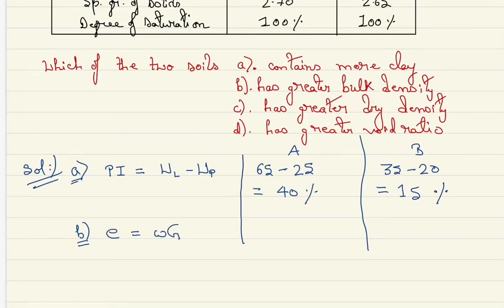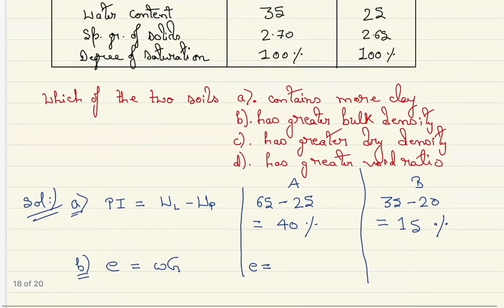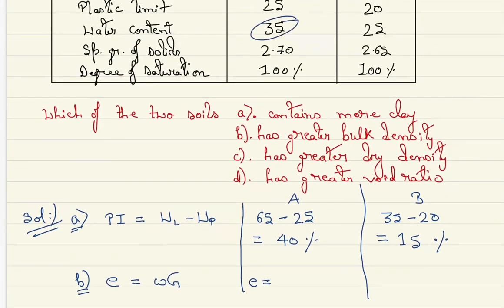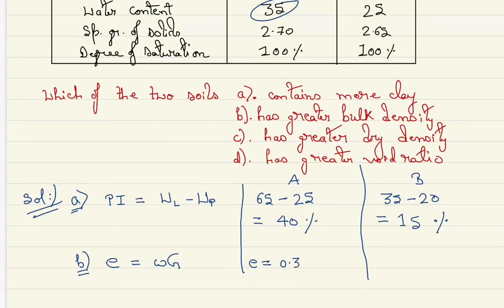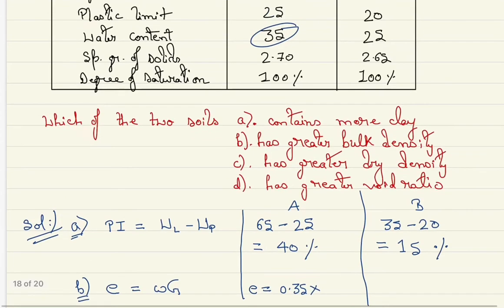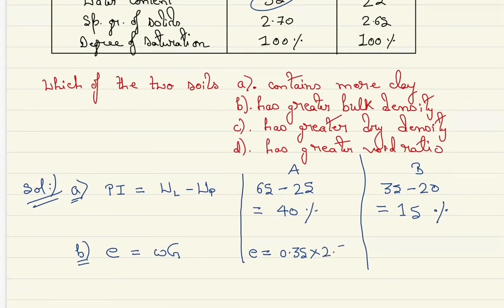Void ratio we can find: e is equal to wG upon S, but S for both the cases is 1, or 100%. So e for soil A will be equal to w into G. The water content for soil A is 0.35 into the value of G, 2.70.